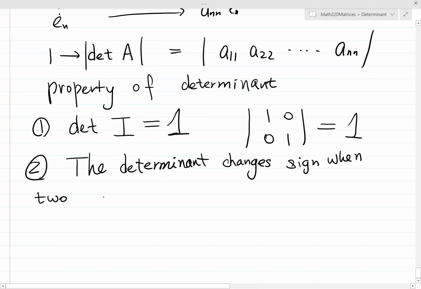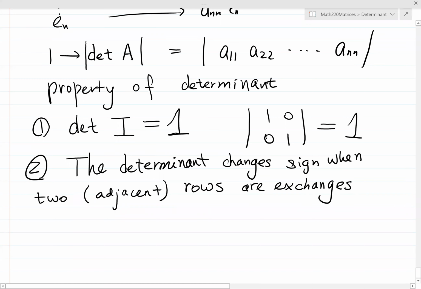The first thing to do is the adjacent rows case, when adjacent rows are exchanged. For non-adjacent rows, you can switch two adjacent rows at a time, and then you can achieve this by changing adjacent rows. So you can exchange any two rows by using adjacent row exchanges.